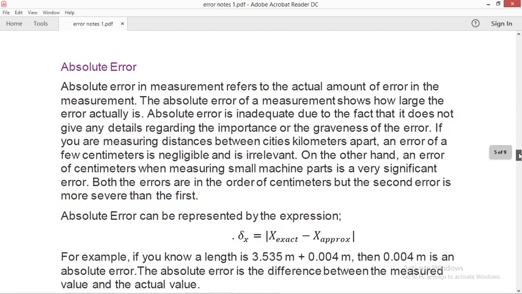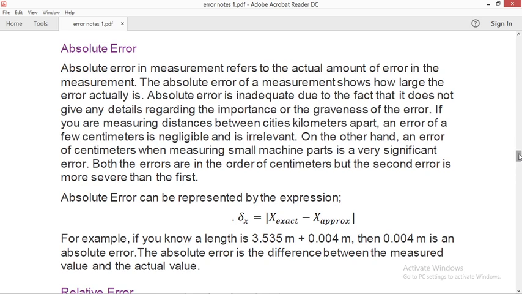Now let's have a look at what is absolute error. Absolute error in measurement refers to the actual amount of error in the measurement. The absolute error of a measurement shows how large the error actually is.